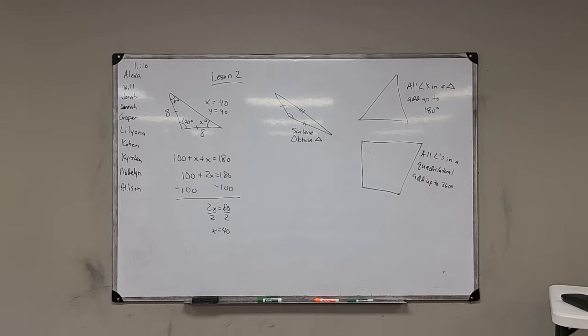A trapezoid only has one pair of opposite sides that are parallel. The other two sides are not. It can't have two pairs. I'm sorry, it can't have that. It has two sides that are parallel. Not all opposite sides are parallel. Let me say it that way: it can only have one set of parallel sides. A rectangle is like a parallelogram in that all opposite sides are parallel and opposite sides have the same length.